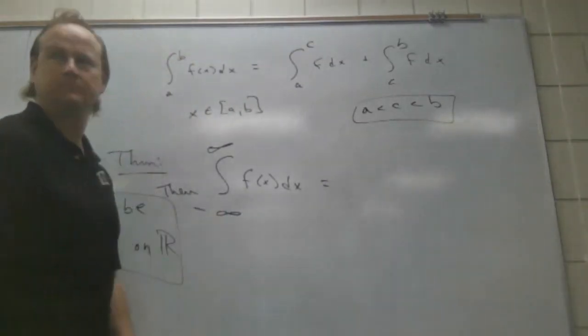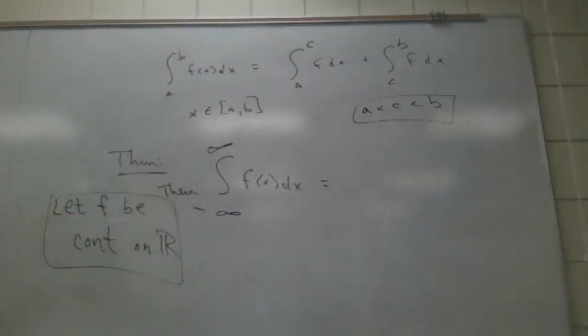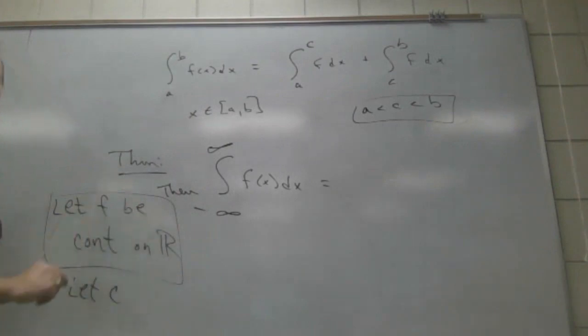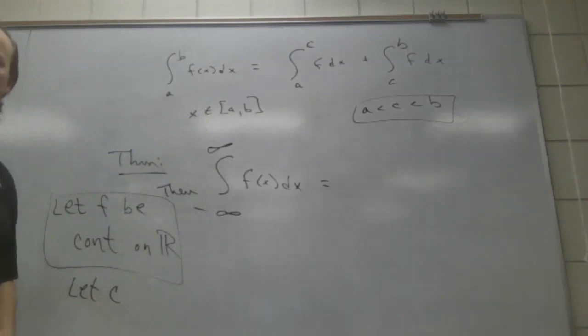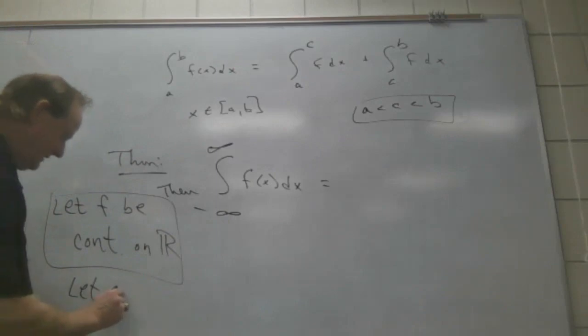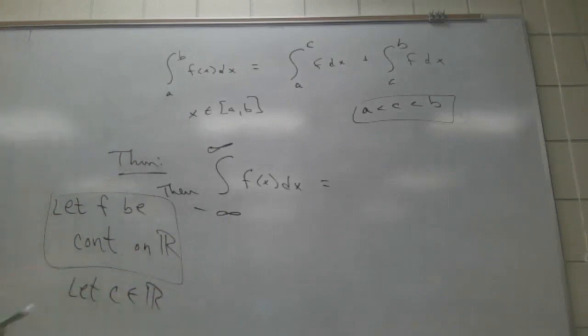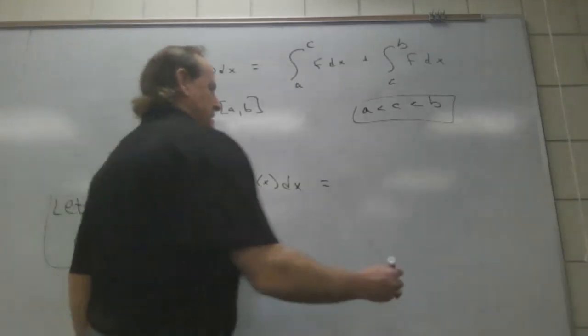Could I split this up? I go from negative infinity to c. So c's got to be in between negative infinity and positive infinity, right? What kind of number is between negative infinity and positive infinity? Any specific real number. So c is any specific real number, right? You can pick 1,000,000, you can pick a googol, you can pick 0, you can pick -5, whatever, right? Any c is going to work. As long as it's continuous everywhere, we're good.